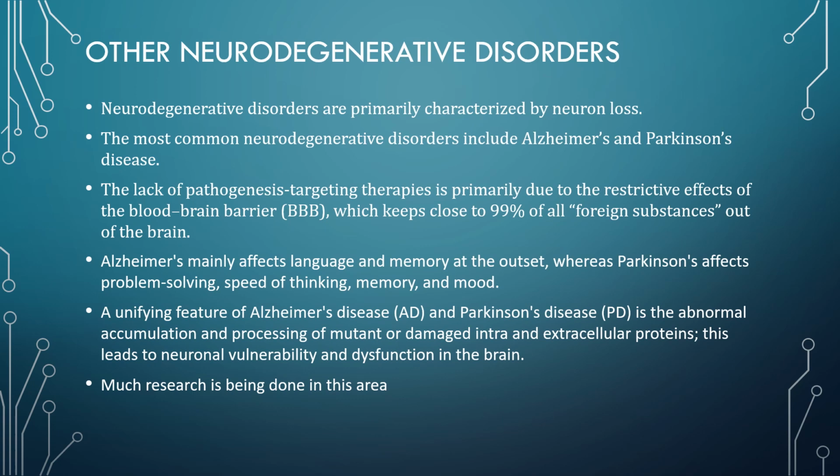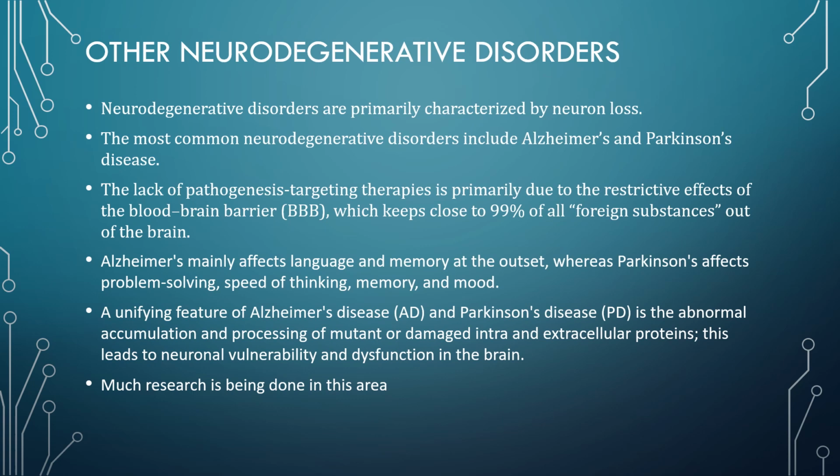Okay, so we don't have a lot of time to talk about all the other possible neurodegenerative disorders, but there are several, the most common being Alzheimer's and Parkinson's disease. And we do talk about Alzheimer's a little bit more in our last class where we talk about changes with aging.